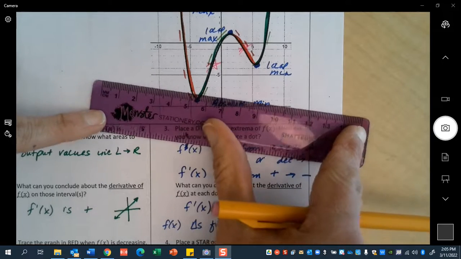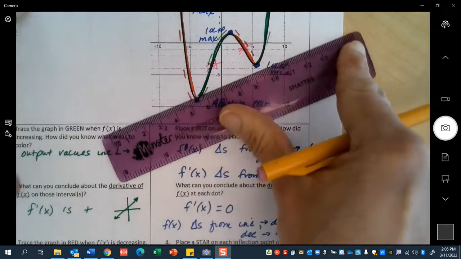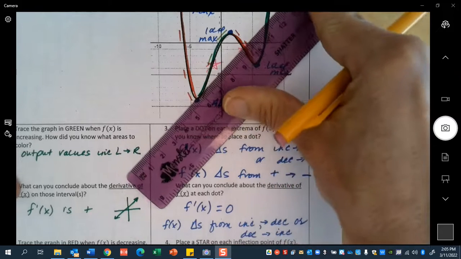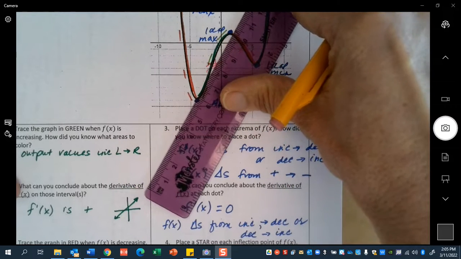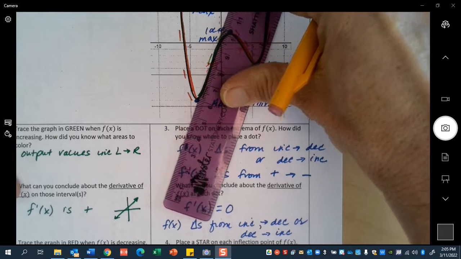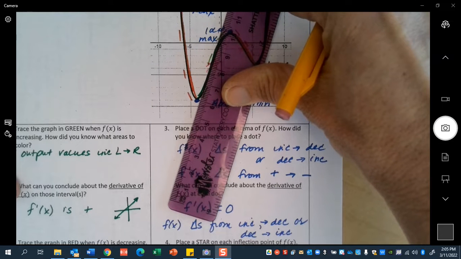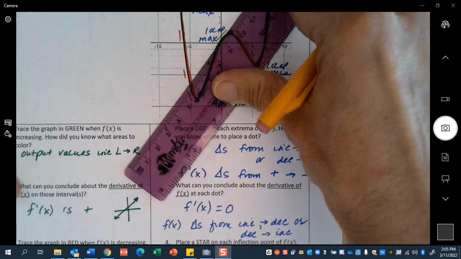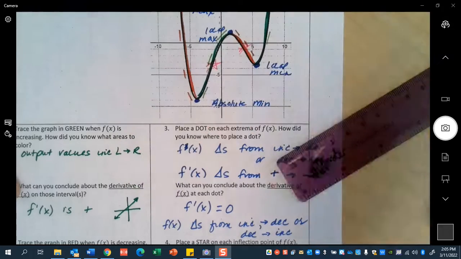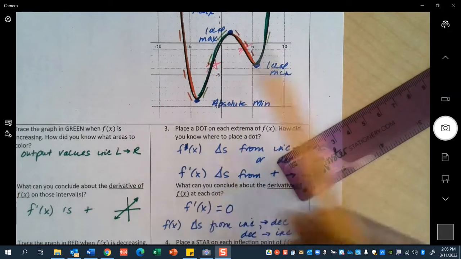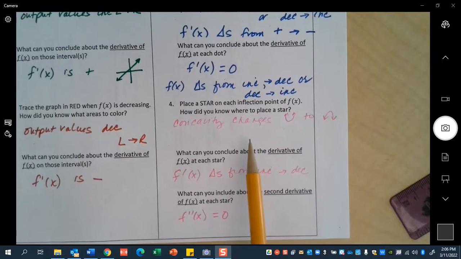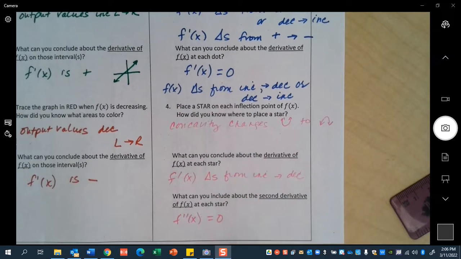It's still getting bigger, still getting bigger, until I reach about here, and you're like, nope, I think it's going to get smaller and smaller. So right at these stars here is where my concavity changes from up like a cup to down like a frown.